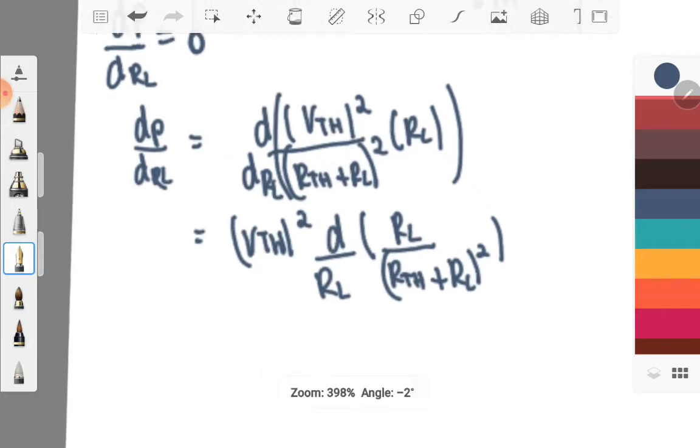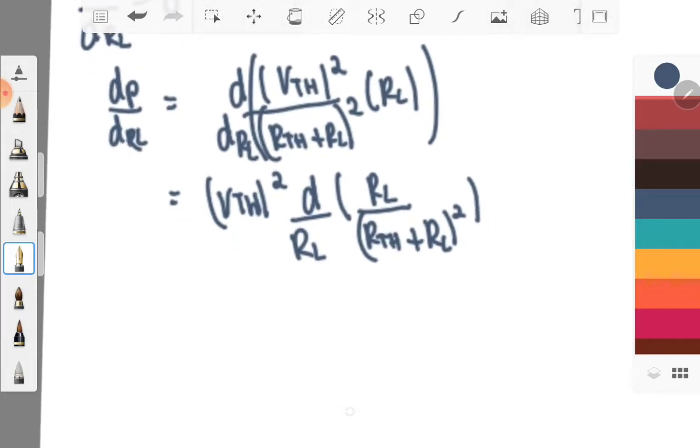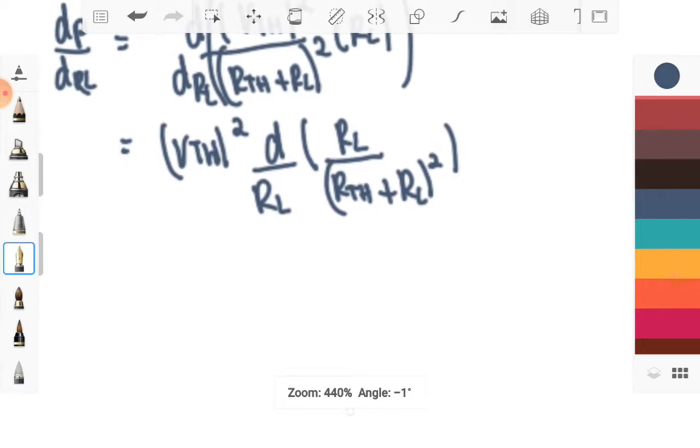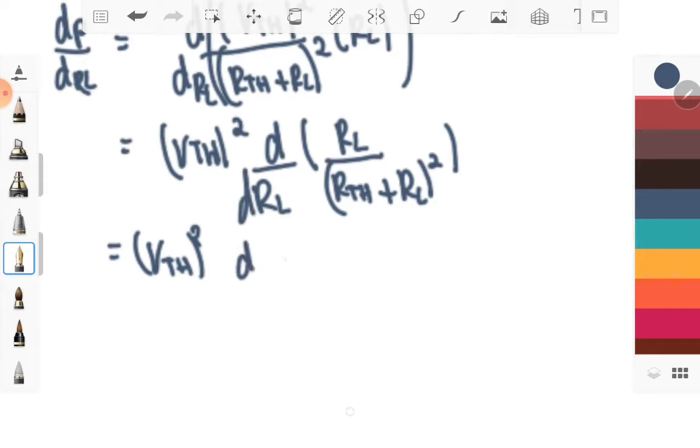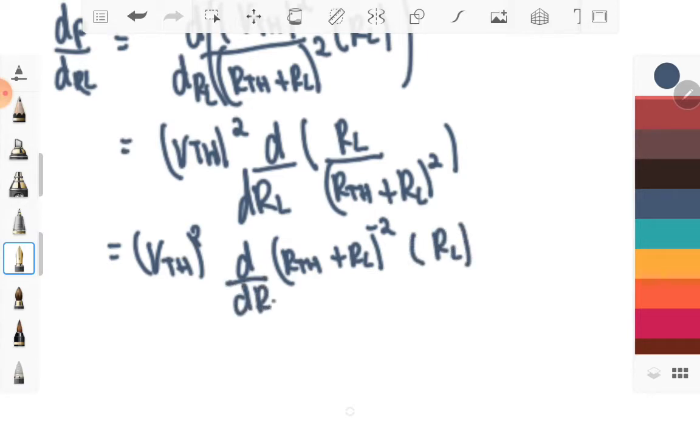Okay? So differentiating this one, we will have a value equal to VTH squared multiplied by the derivative of RL, and the derivative of RTH plus RL, where I can raise the square to negative 2, multiplied by RL with respect to dRL.